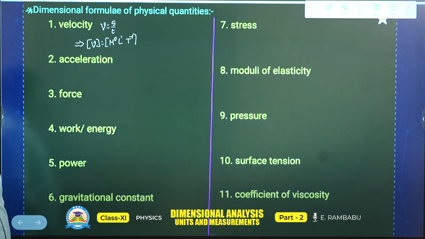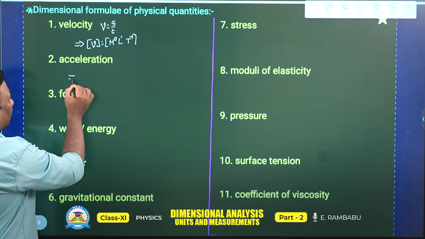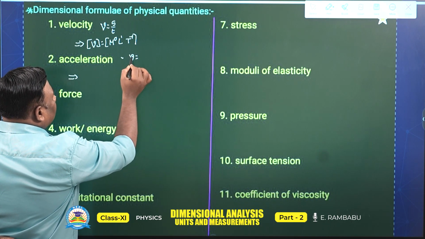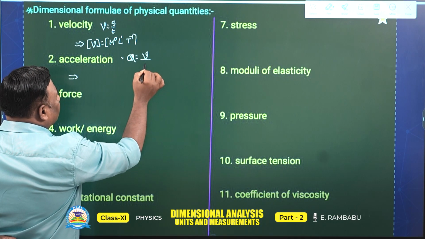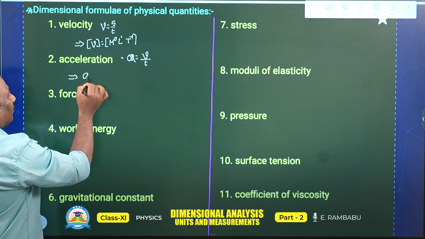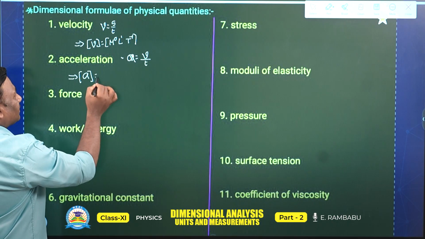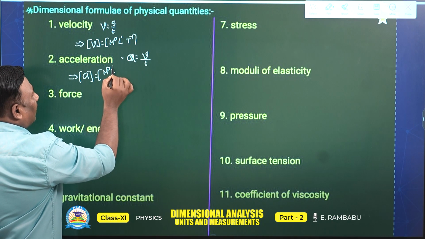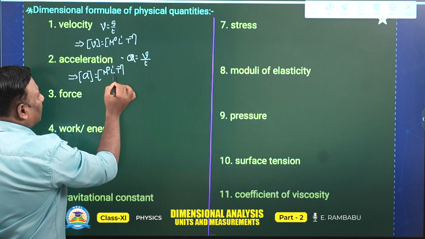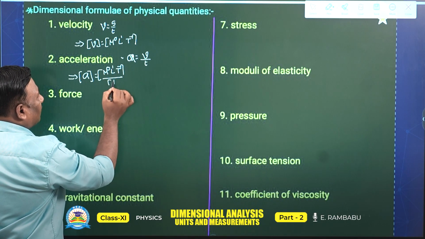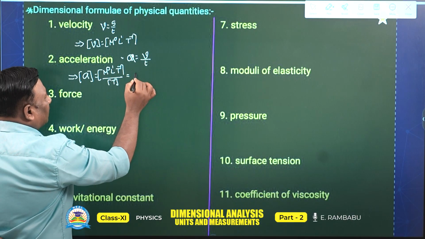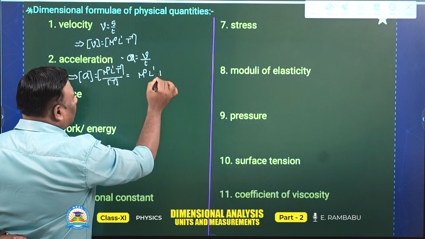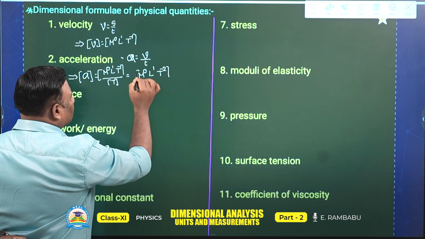And the next one is acceleration. Now here acceleration is nothing but velocity by time. And here we know the dimensional formula of velocity: M power 0, L power 1, T power minus 1, divided by time, whose dimensional formula is T. So from that, the acceleration dimensional formula can be taken as M power 0, L power 1, T power minus 2.